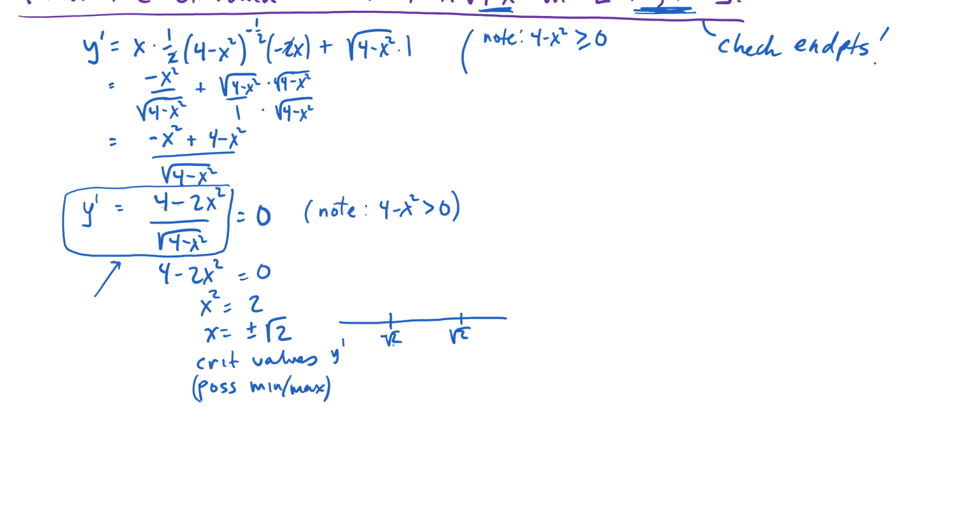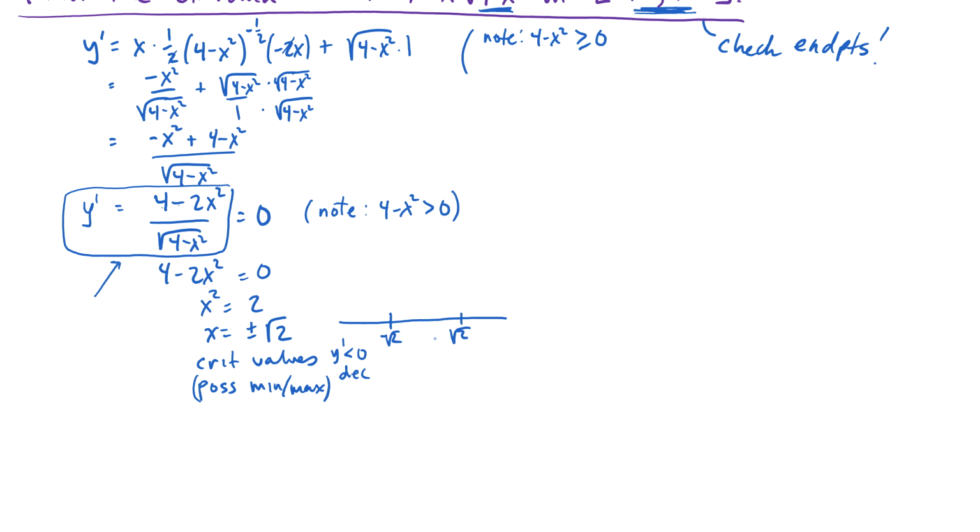But if you pick a number slightly bigger than square root of 2, like square root of 2.1, then 2.1 times 2 is slightly bigger than 4, so 4 minus a number bigger than 4 is negative. And the denominator is always positive because it's a square root. So this will be negative, or decreasing. I like to write decreasing, that just helps me not make a mistake.